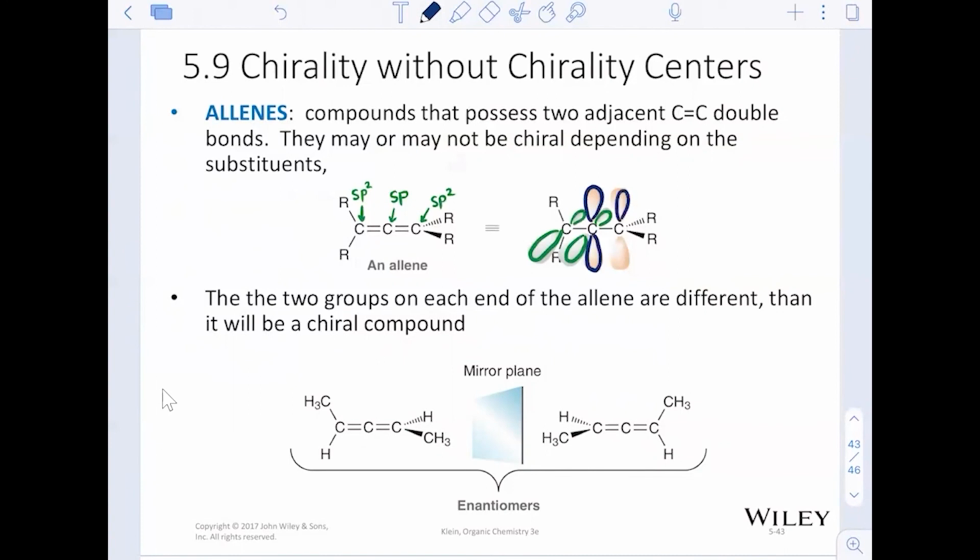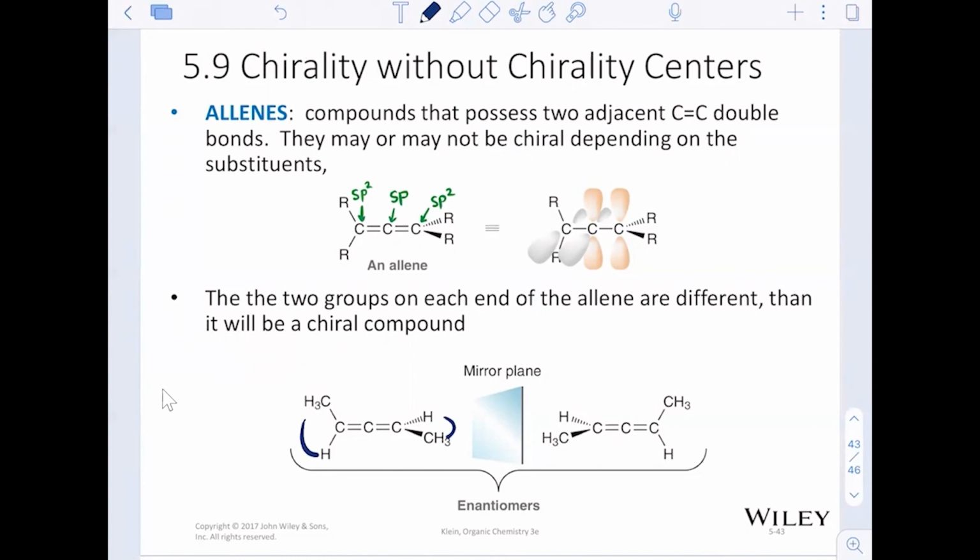Perpendicular. And so these R groups are perpendicular to each other on opposite sides, right? So be very careful with allenes. The 2 groups on each end of the allene, if they are different, then the compound will be chiral. So if these 2 are different and these 2 are different, chiral.